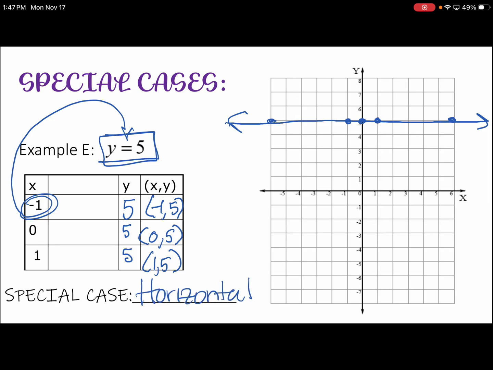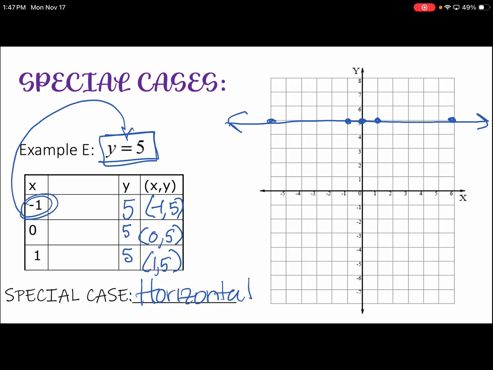Now, that might be challenging for some people because which axis is horizontal? The x or the y? The x is horizontal, yet when I have y equals 5, I get a horizontal. It's kind of opposite, right? When you get y equals, it's going to be something that runs along parallel to the x.